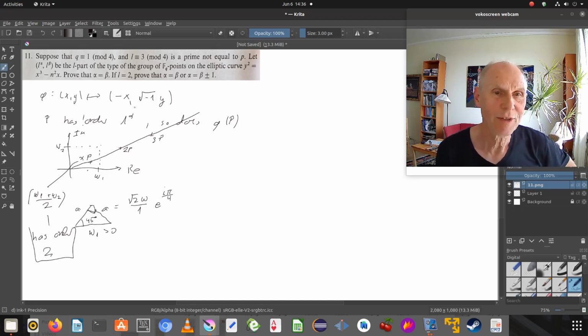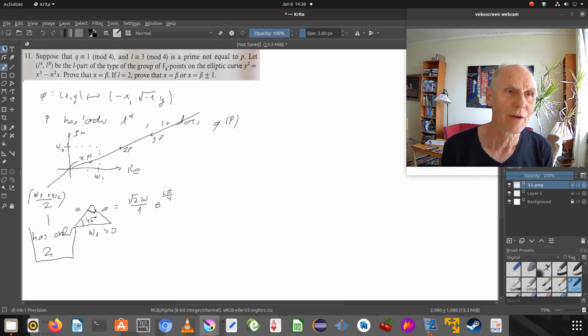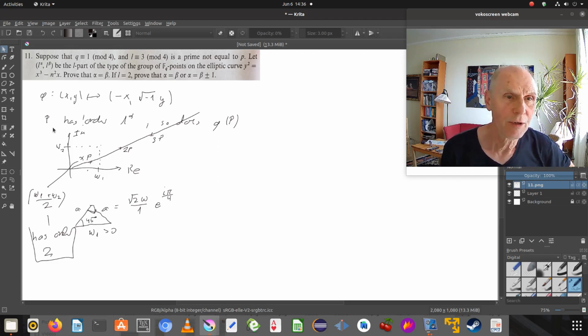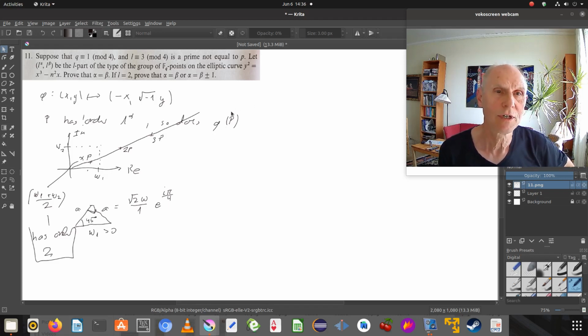So that means that phi of P is distinct from P if it doesn't have order 2. So let P be the one of the largest order, that's the one we usually do. Then phi of P has the same large order. So that proves that they are the same.